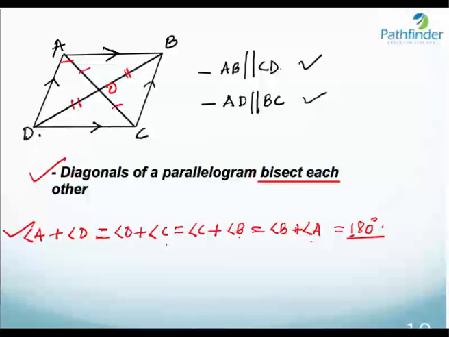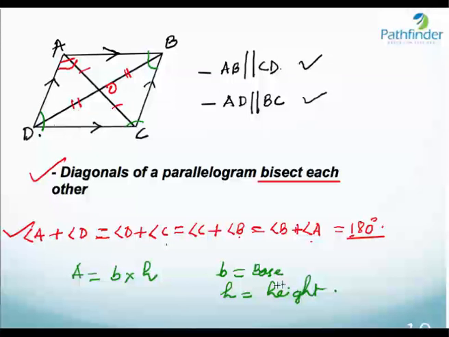So angle A and angle C should be equal, and angle B and angle D should also be equal. Area of a parallelogram, as you already know, is given by base into height, where B is equal to base and H is equal to height.